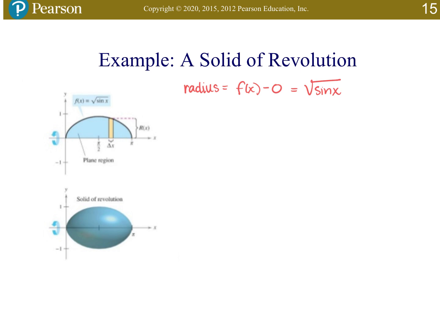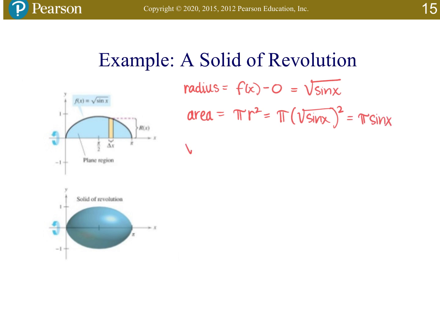Then the area of the slices of circles, if we got our knife out and started slicing this, would be pi times r squared, or pi times the square root quantity of sine of x, quantity squared, which simplifies to just pi sine x.